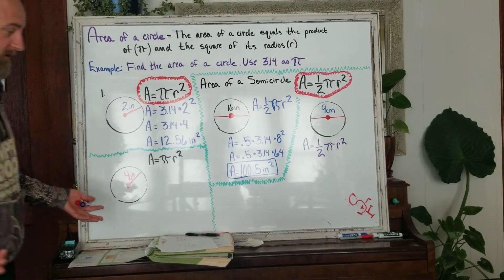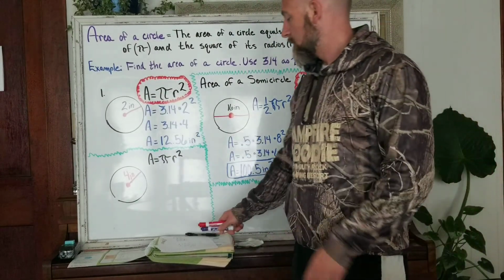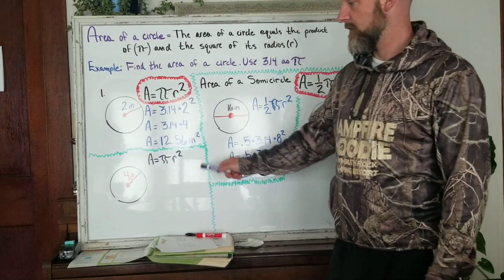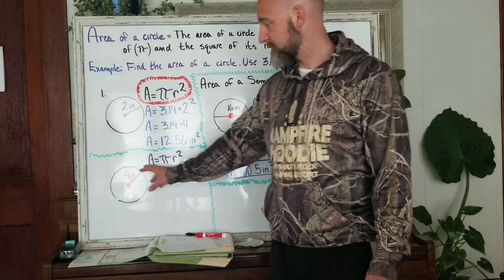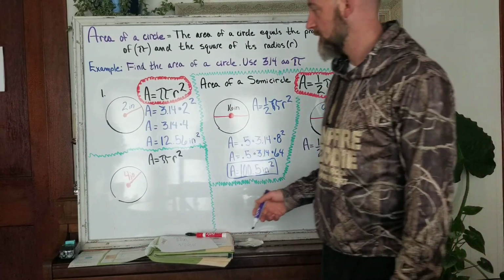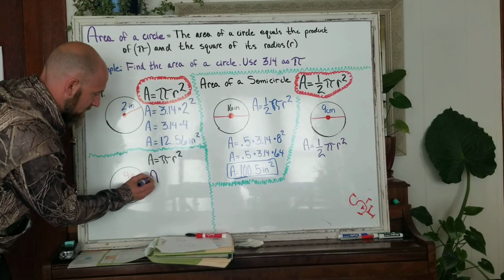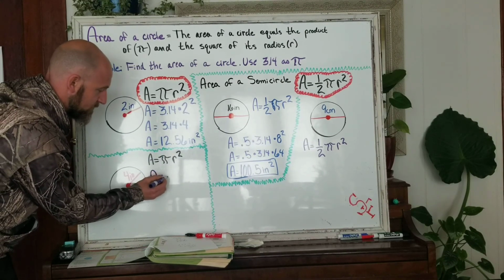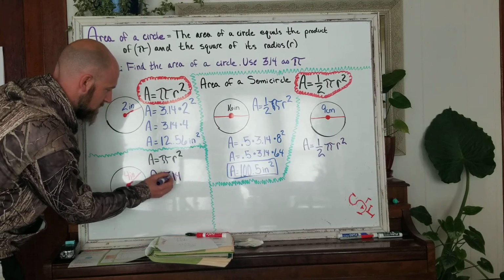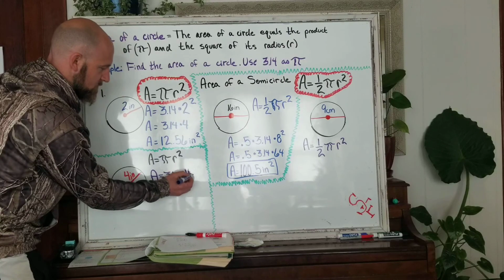Okay, we're going to look at our second example. If you want to pause the video right now, try to work ahead and see if you can figure this out on your own. We have A equals pi r squared. We're given the radius of this circle is 4 inches. So now we just plug in the rest of the numbers: A equals 3.14 times the radius, 4 squared.